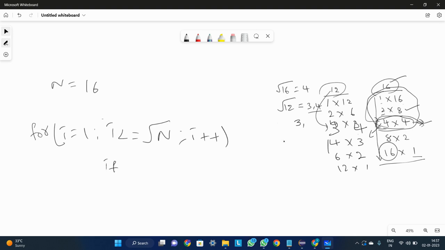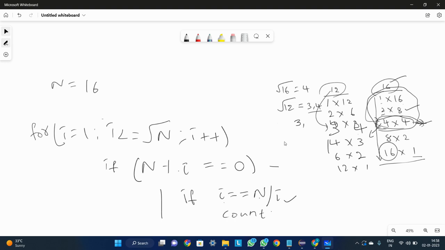For example, if n divided by i is equal to 0, that means it is a factor; inside that, if i is equal to n by i, like 4 equals 16 by 4, it is a repetition, so we count only one time, count plus plus.